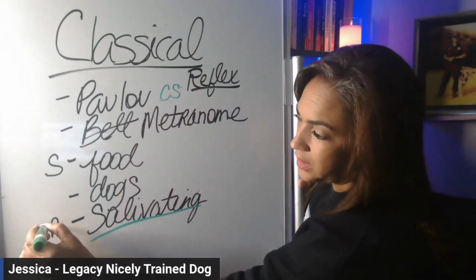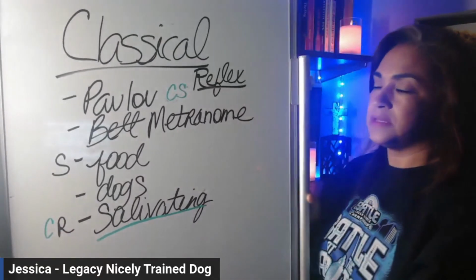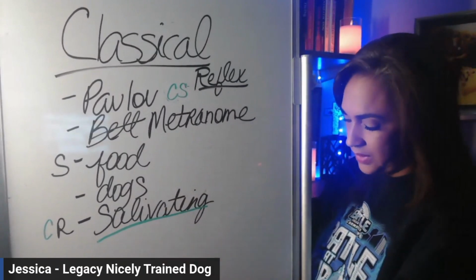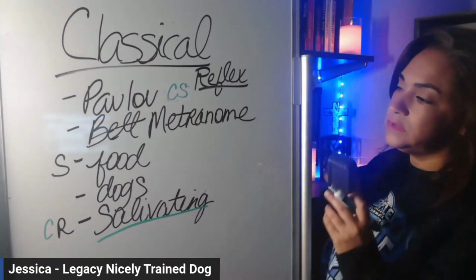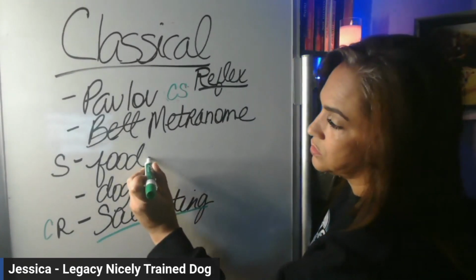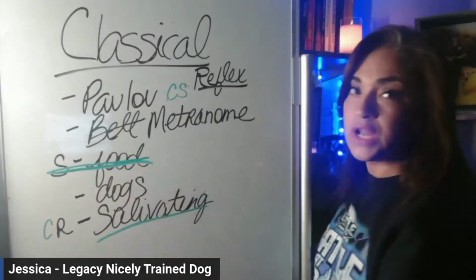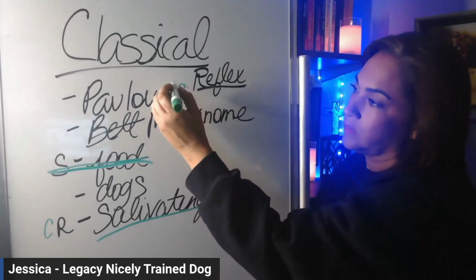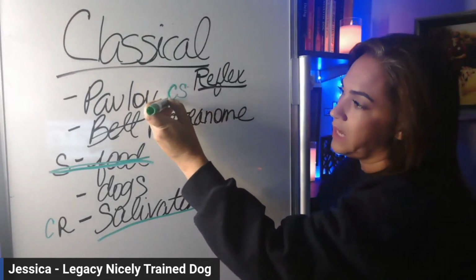And this became a conditioned reflex, in that when this appeared, this happened, even though this was not present. So the biggest thing with classical conditioning is it's a reflex.